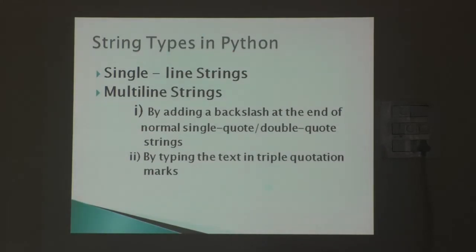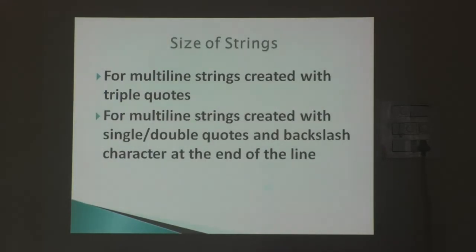The string types in Python I explained. The next one is size of the string. For multi-line strings created with triple quotes, and for multi-line strings created with single or double quotes and a backslash character at the end of the line.